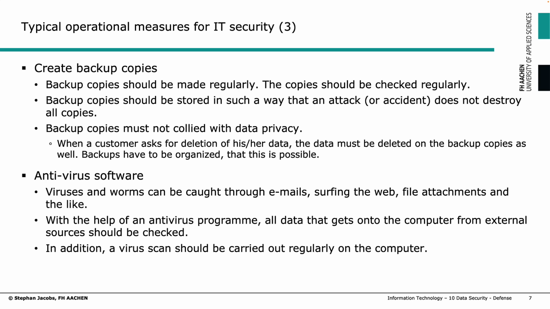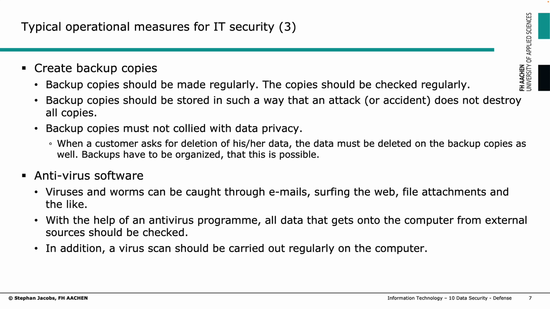Antivirus software. Viruses and worms can be caught through emails, by surfing the web, by file attachments and the like. On each computer there should be an antivirus program, and all data that gets onto the computer from external sources should be checked. However, sometimes the virus scanner is not up to date.